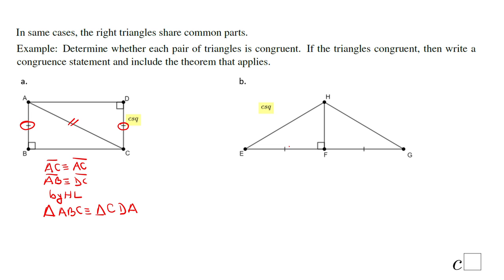We notice we have these two parts congruent. These are the two legs of this right triangle, and we have a common part, this leg here. So very similar to the other one. However, the theorem is going to be leg-leg. So we have HF congruent with itself, HF. So these are legs.